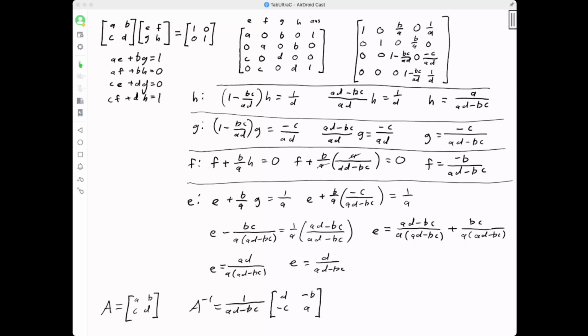However, this only works if AD is not equal to BC. Because if AD is equal to BC, then the 1 over AD minus BC becomes 1 divided by 0, and that's not defined.